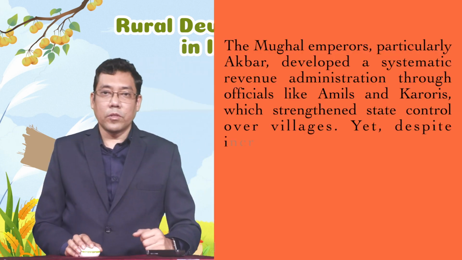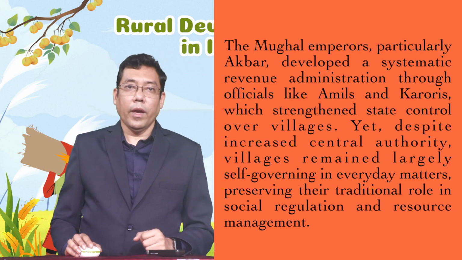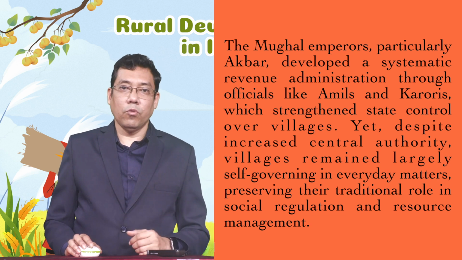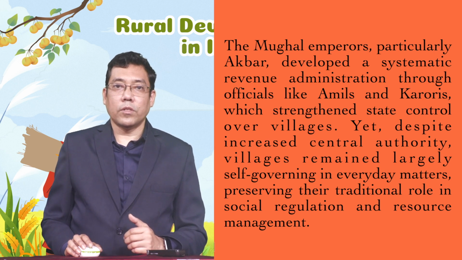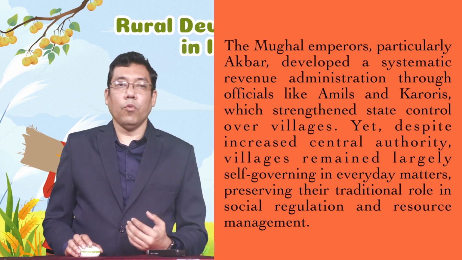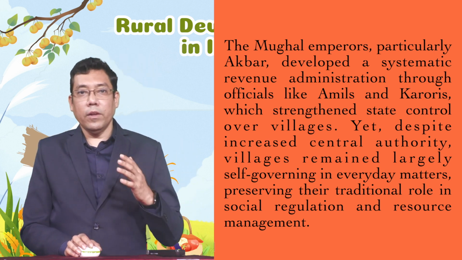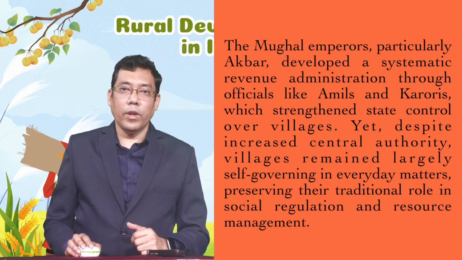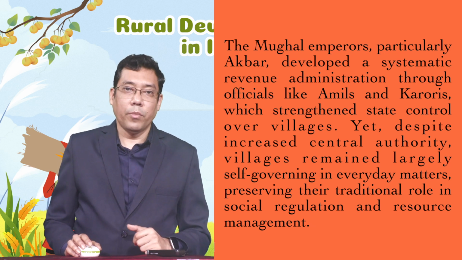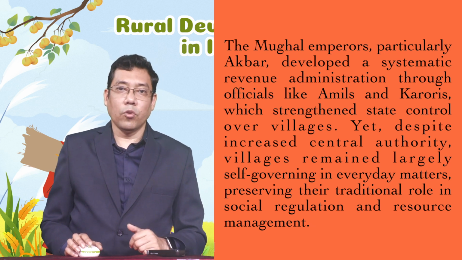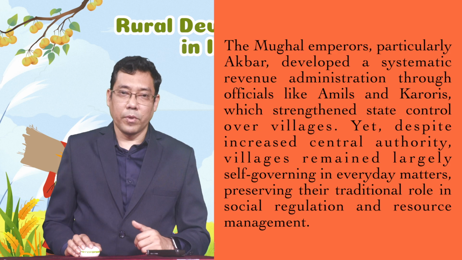The Mughal emperors, particularly Akbar, developed a systematic revenue administration through officials like amils and karoris, which strengthened state control over villages. Yet, despite increased central authority, villages remained largely self-governing in everyday matters, preserving their traditional role in social regulation and resource management.